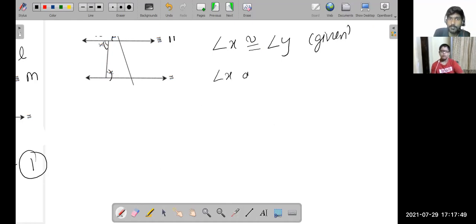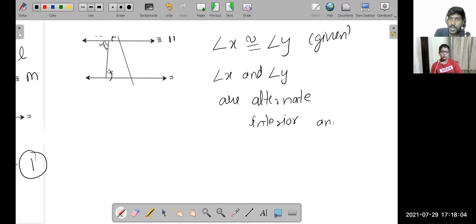Angle x and angle y are alternate interior angles. And the second test for parallel lines says, if alternate interior angles are congruent, then the lines are parallel.